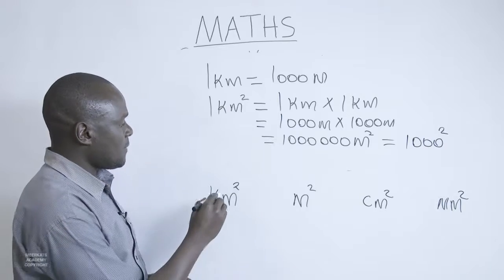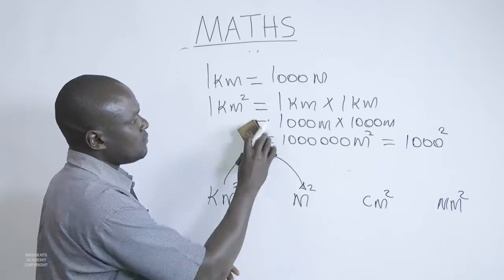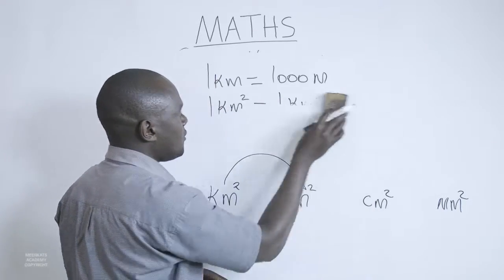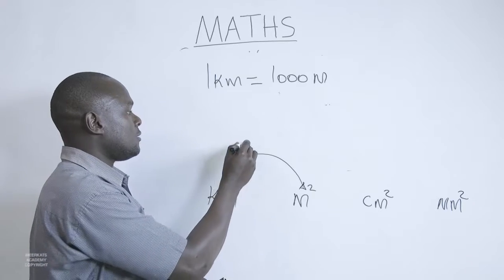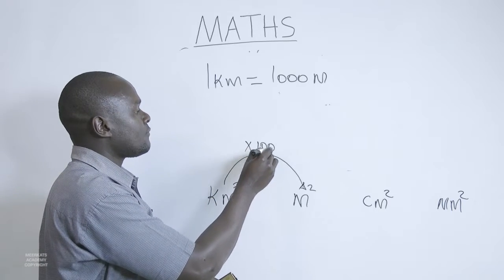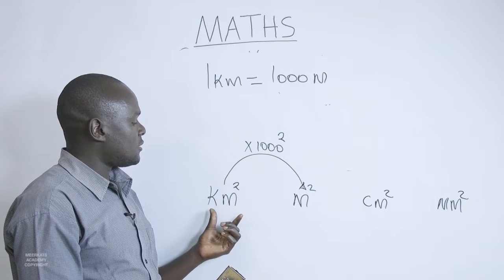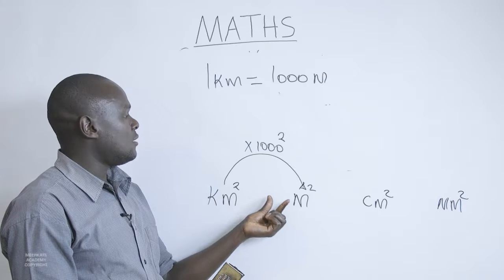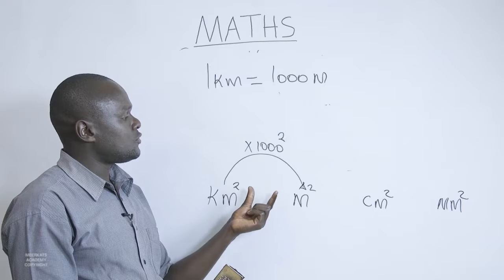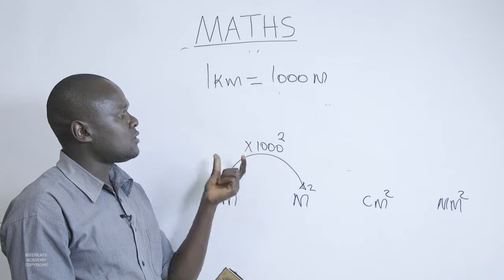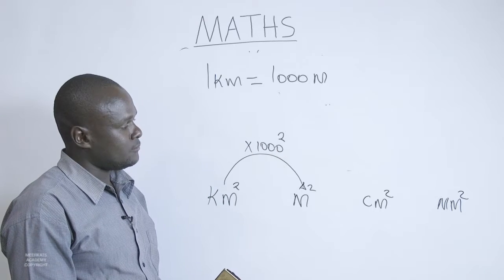So in our chart here, when we want to move from a square kilometer to square meter, we are going to multiply by 1,000 squared. A kilometer squared is the same as 1 kilometer times 1 kilometer, which means we have 1,000 meters times 1,000 meters. That is why I'm writing here 1,000 squared.